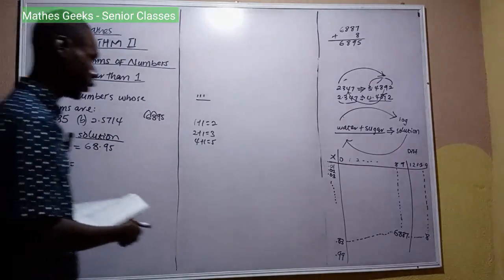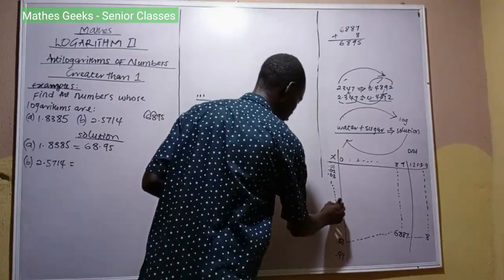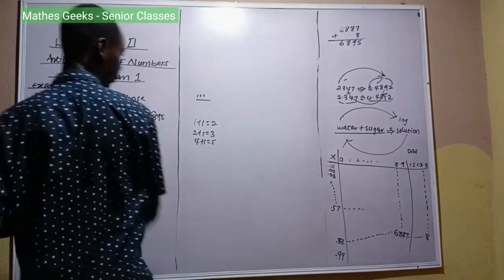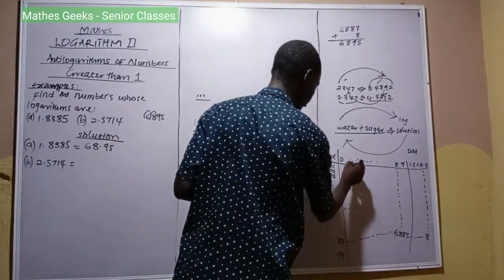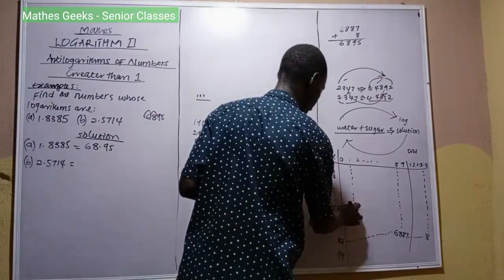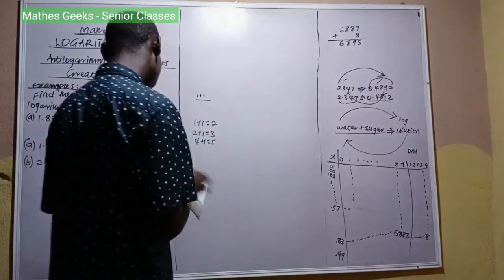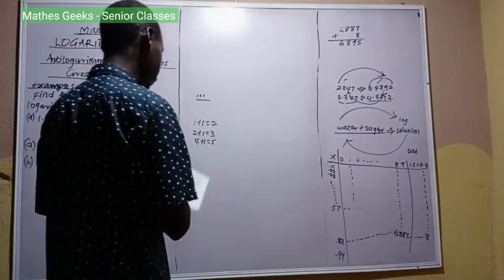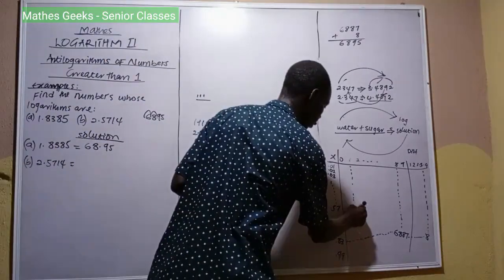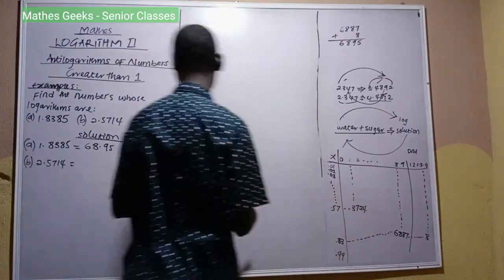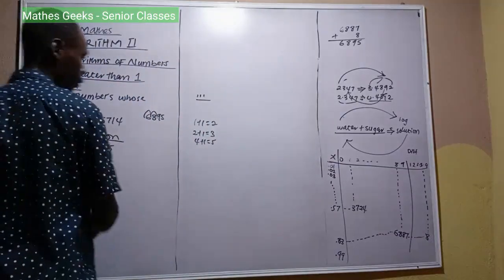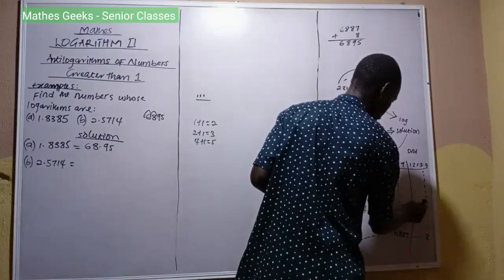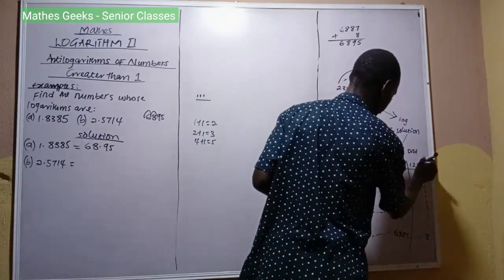So let's assume that this is where 0.57 is. We're going to trace it down to 1, under 1. So 0.57 under 1, what's the value there? 0.57 under 1 is 3724. So the difference is 4. So come to the difference column. Trace it. So let's say this is where 4 is.